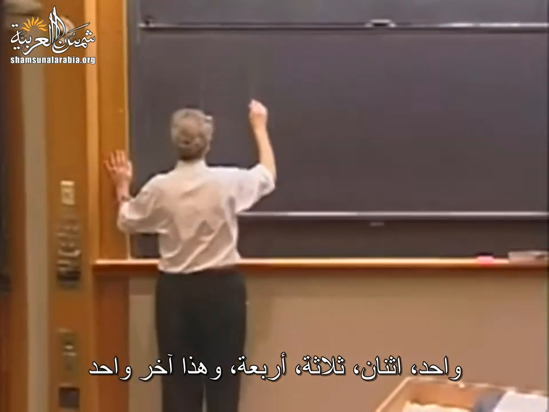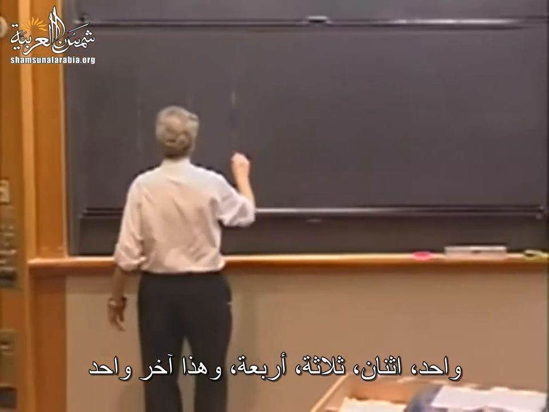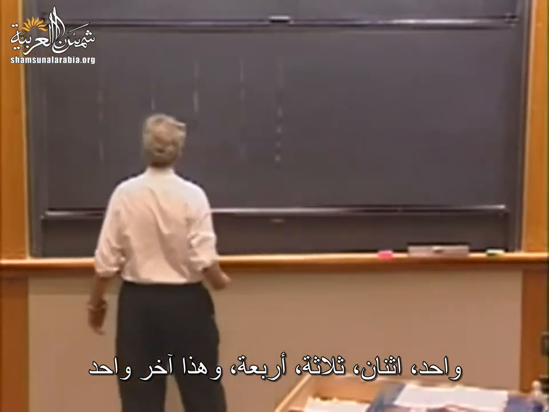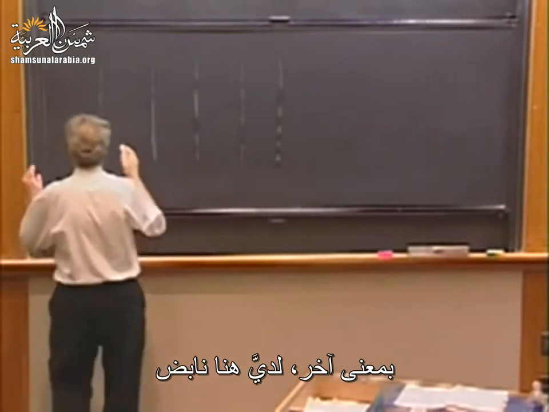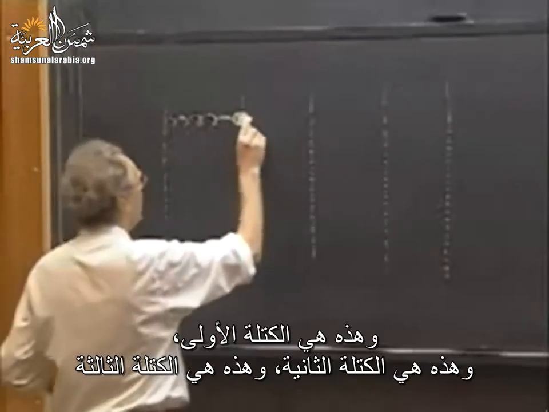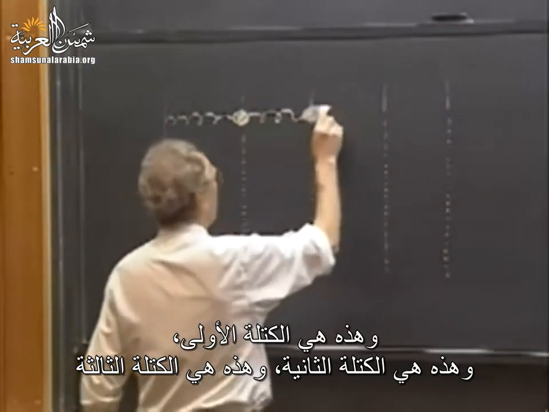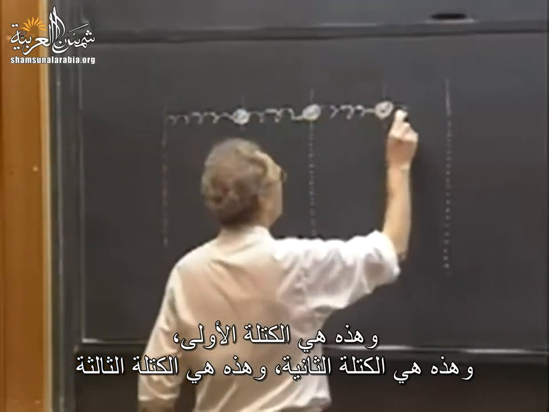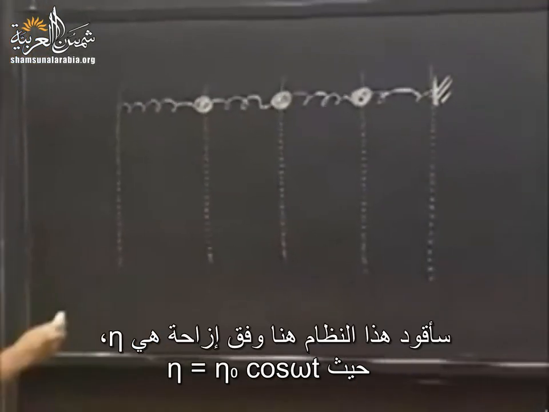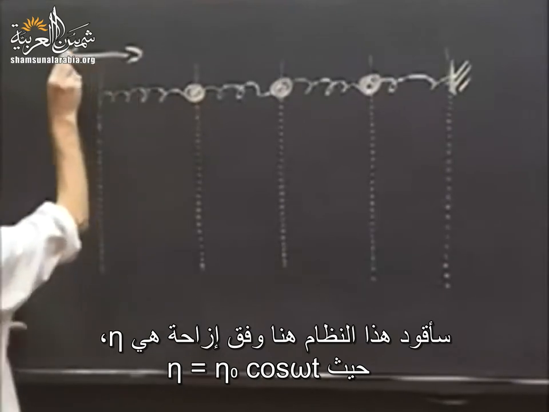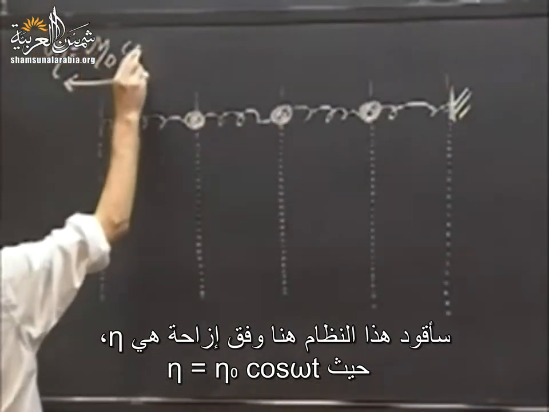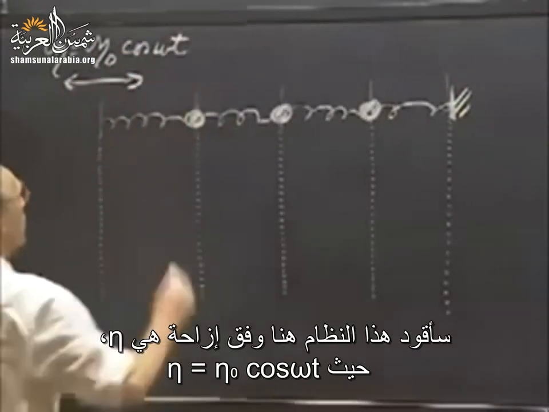In other words, I have here a spring, and here's the first mass, second mass, third mass, and here it is fixed. And I'm going to drive it here with a displacement eta, which is eta 0 times cosine omega t.